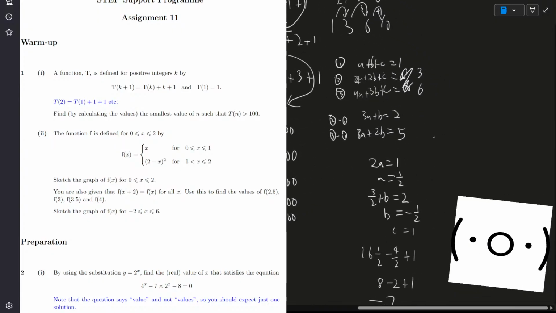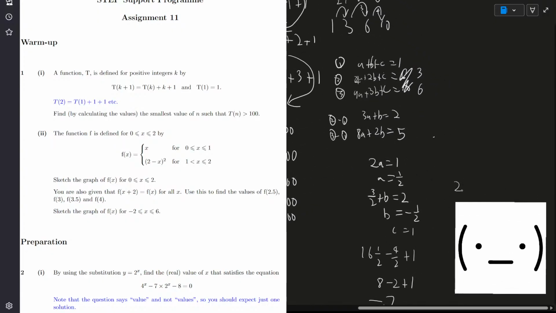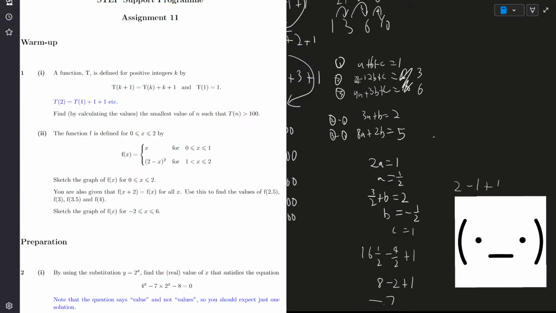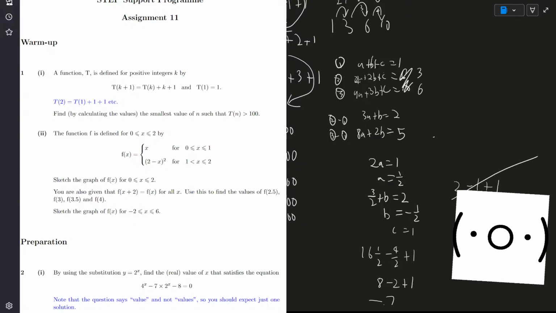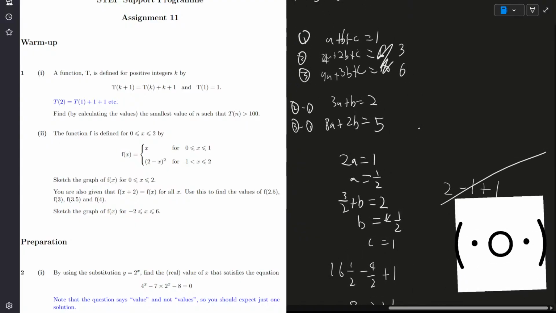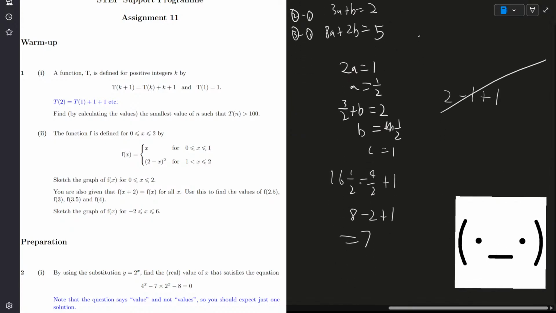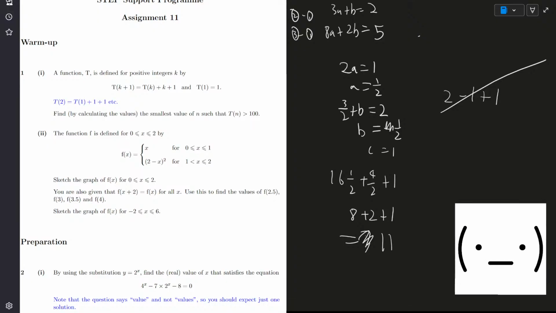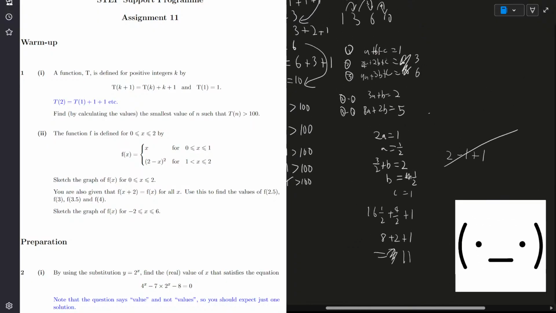Are we sure this is even right for any of the other numbers? No, it's not even right for any of the other numbers. Why are we worrying about it? Oh, because this is a negative. Oops. Okay, so now that's wrong, but in the other way.